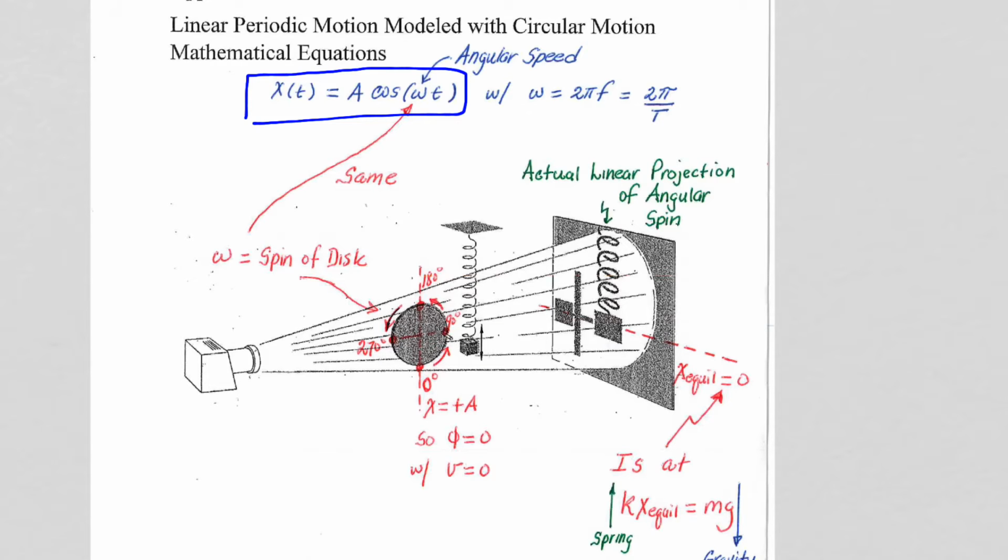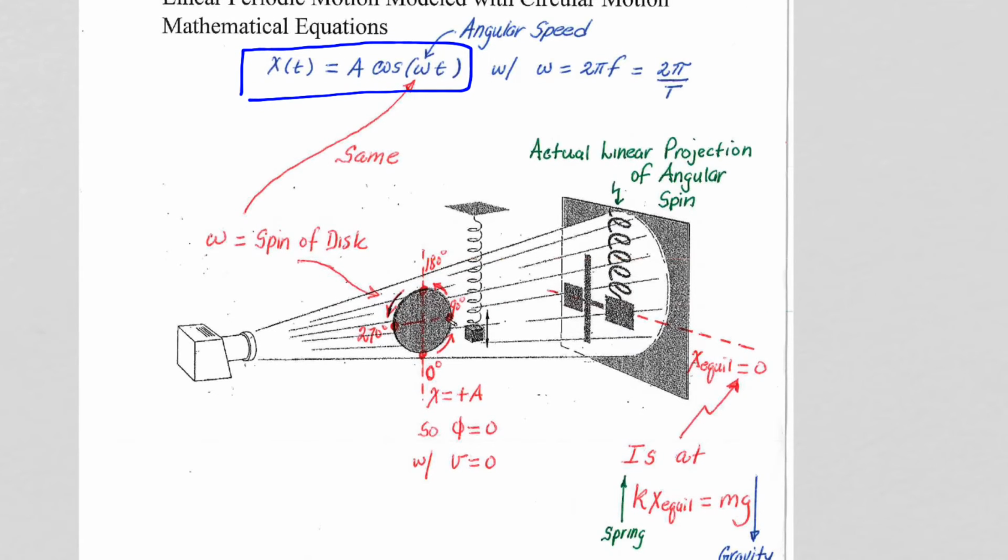See the analogy down here, how the mapping occurs. The angular motion of this wheel maps or projects onto the linear motion as a perfect match.